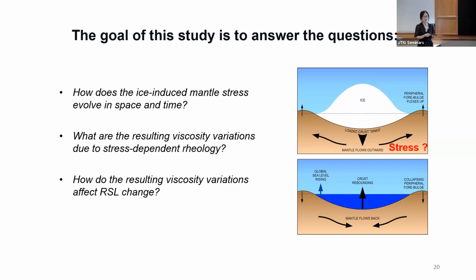Because the viscosity now is stress dependent. So how does the ice-induced mantle stress evolve in space and time? This is a question we want to answer. Another is how this stress-dependent rheology will affect the viscosity variations, and how those variations can affect the sea level change.